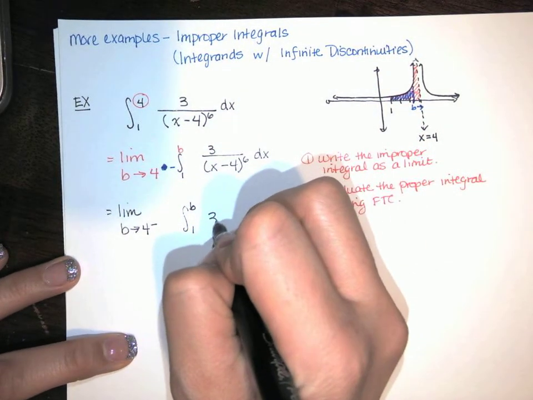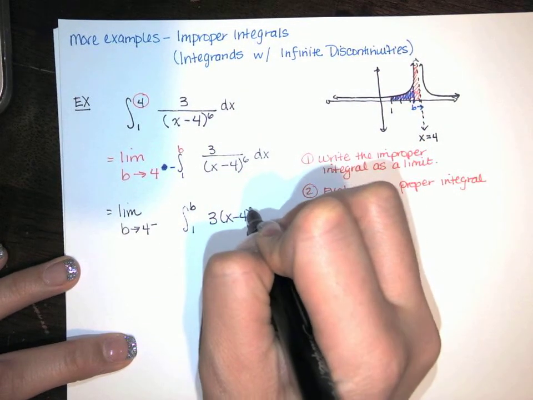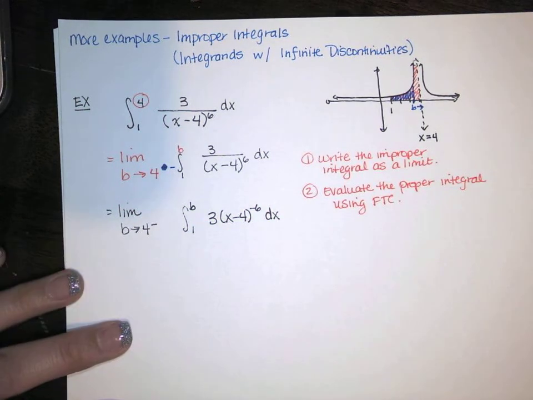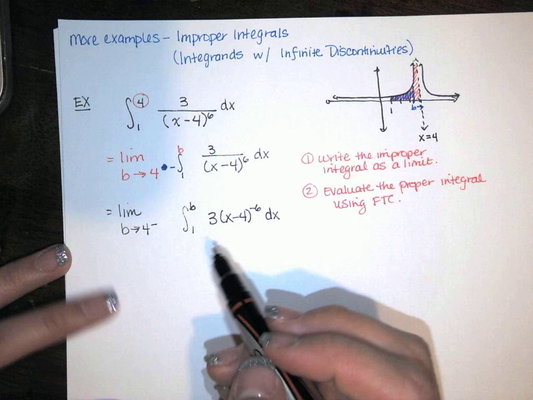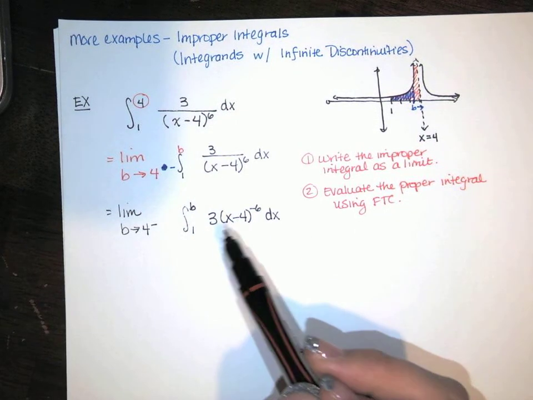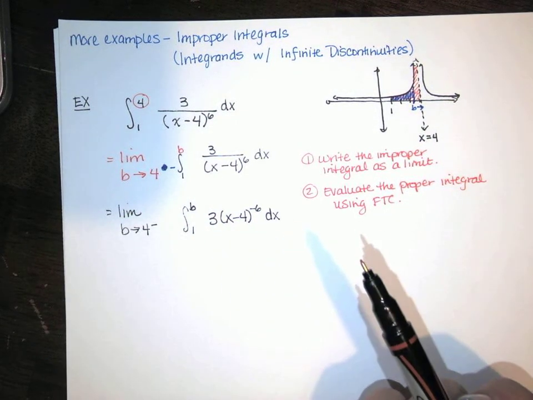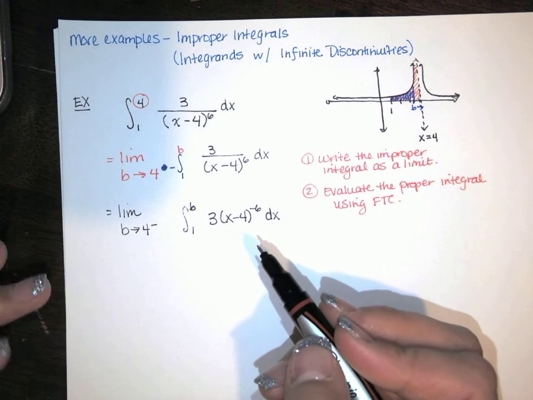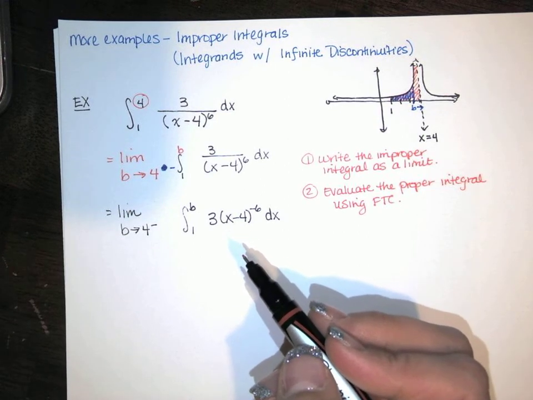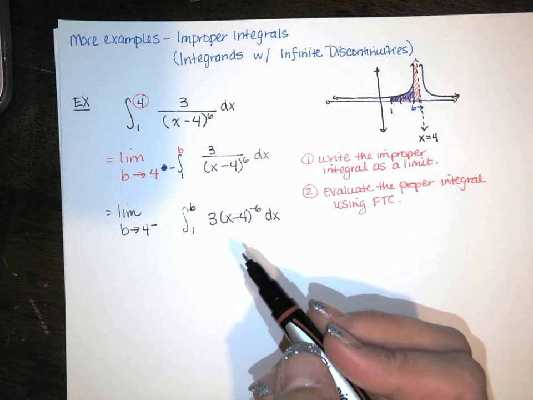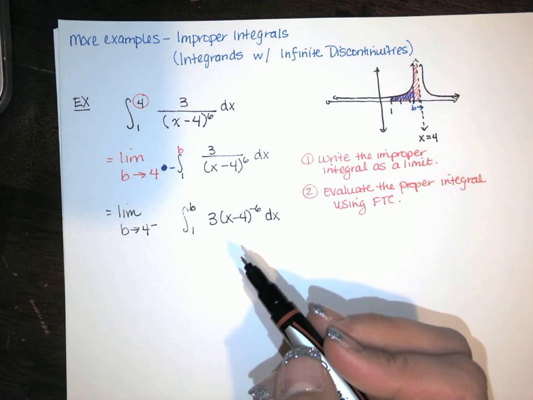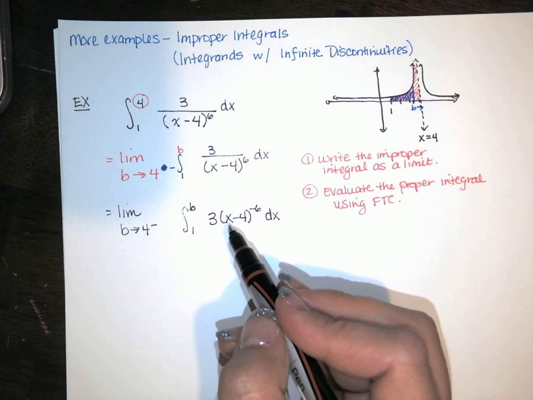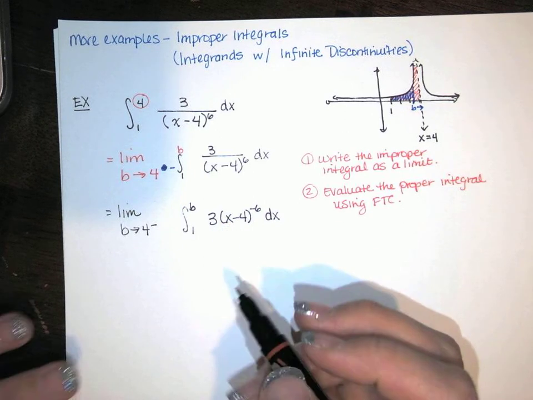I'm going to bring that x minus 4 to the 6th up to the numerator, make that negative, and now we're going to do a u sub. And remember, whenever you're doing a u sub, all of the pieces here need to be written entirely in terms of u. And u is usually the quantity that's under a radical, in parentheses, inside a trig function, inside an exponent. It is something that's nested inside something else. So as soon as I see these parentheses around the x minus 4, I'm thinking that's probably my u.